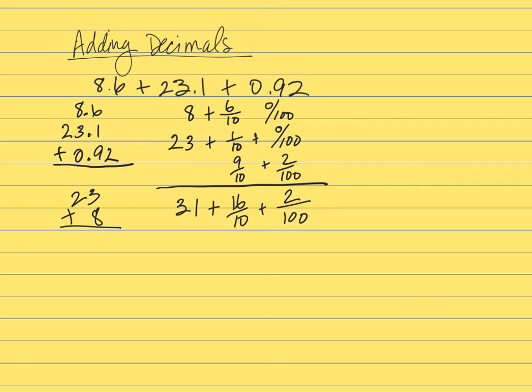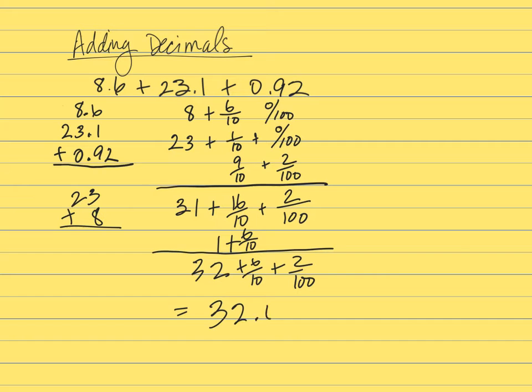We want to convert that. That's equivalent to 1 and 6/10, or think of that as 1 plus 6/10. So that 1 is now a whole number, right? That's a whole 1. So 31 plus 1 is 32 and 6/10 plus 2 1/100. So our final answer is 32 and 62 1/100.